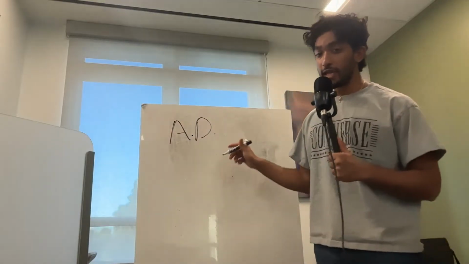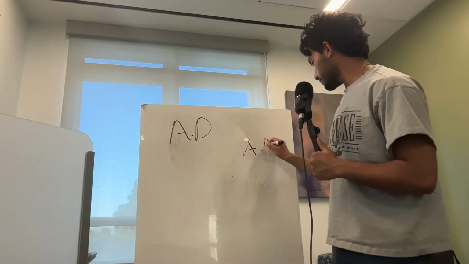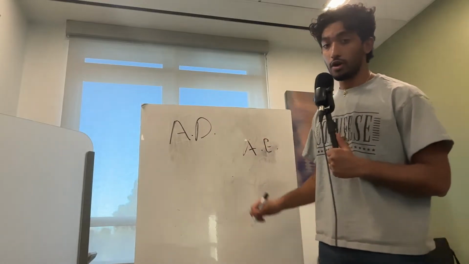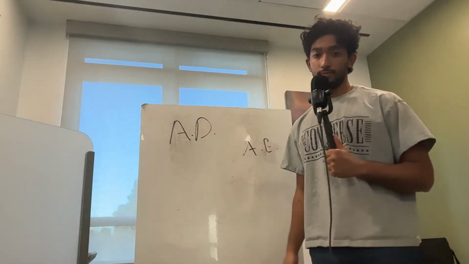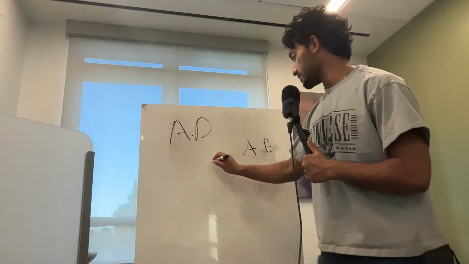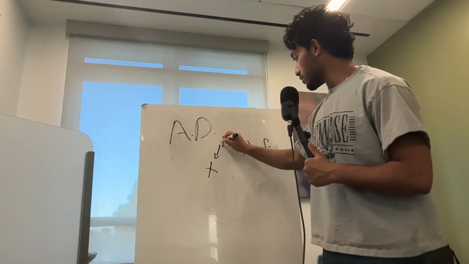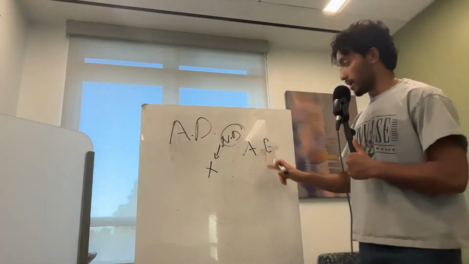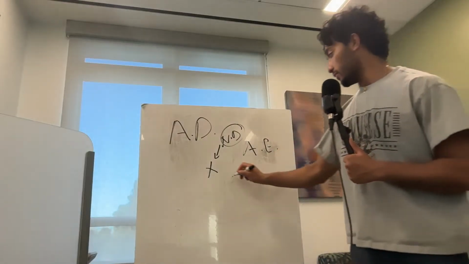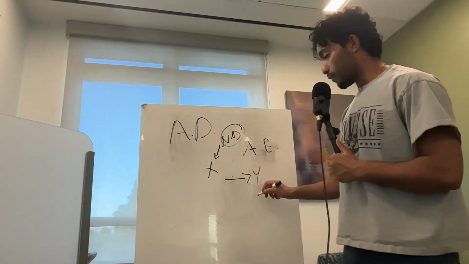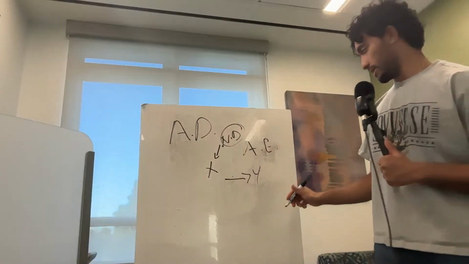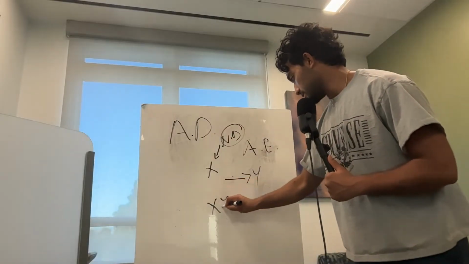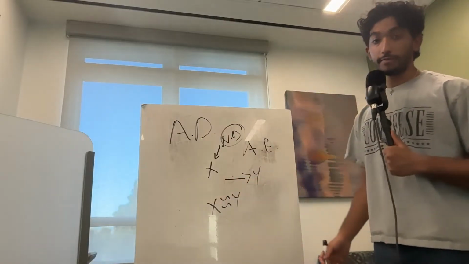Basically, if I feed my autoencoder normal data, say X, this represents normal data. If I feed X to my autoencoder, it learns how to produce Y. Y and X are basically similar.